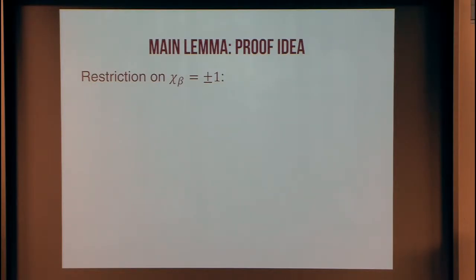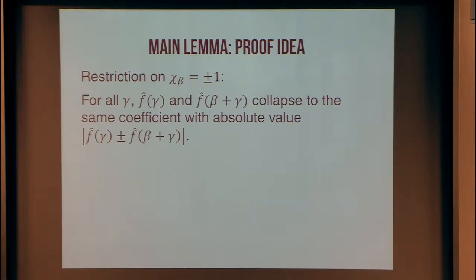So let's think what happens in the Fourier domain when you restrict a function on a subspace on which chi beta equals 1 or minus 1. What I claim is that for every gamma, these two, f hat of gamma and f hat of beta plus gamma, both collapse to the same Fourier coefficient with this absolute value, either plus or minus depending on plus or minus here.